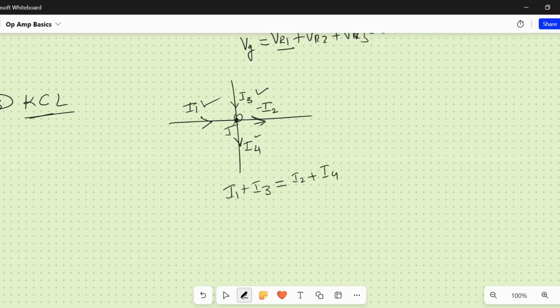So the Kirchhoff current law says that the sum of the currents entering the junction is equal to the sum of the currents going out of the junction. It's very simple: I1 plus I3 is equal to I2 plus I4. It's as simple as that.